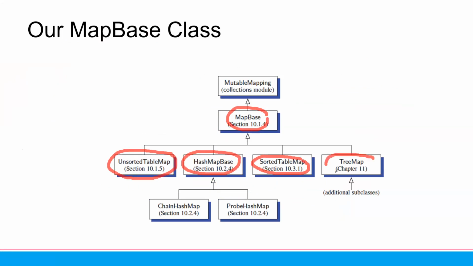We can have tree map. And in the hash map base, we can have chain hash map and probe hash map. So there are many variants of the map. Because of the time limitation, we cannot learn all those variants, so we will just look at some important variants.